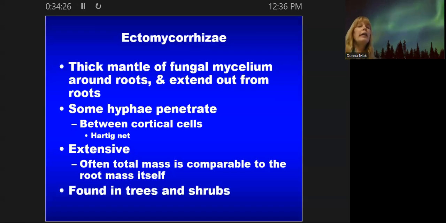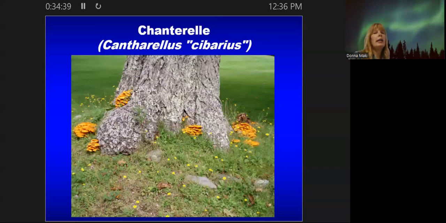Around here, we find them in most of the trees that you're looking at as you're walking across campus or in the woods, the shrubs, they have ectomycorrhizal partnerships. So if you're out hiking around and you see fruiting bodies at the base of a tree, chances are it's ectomycorrhizal. Okay.